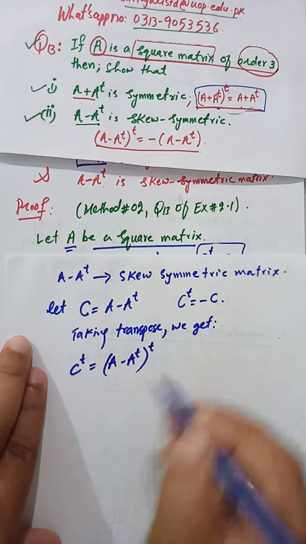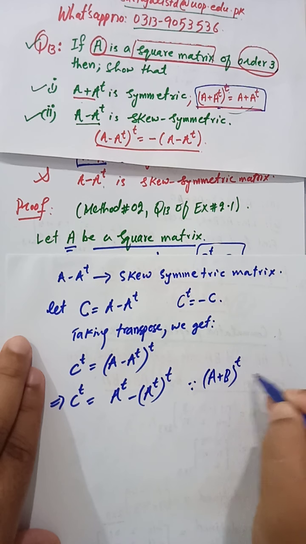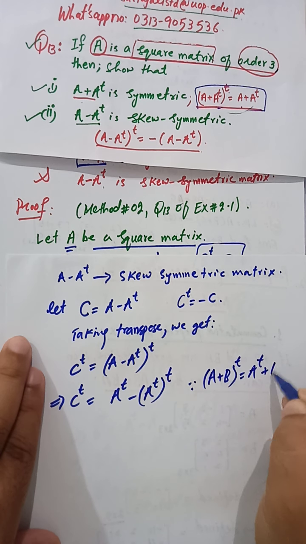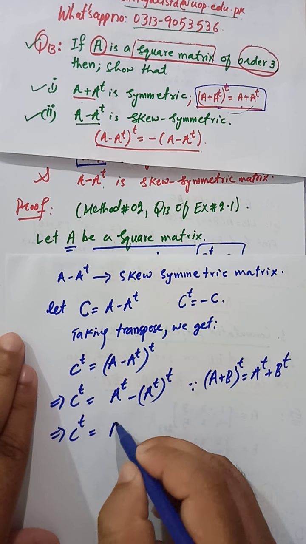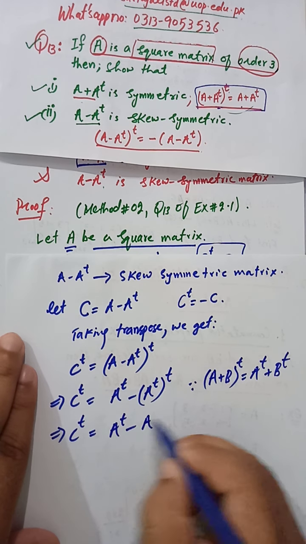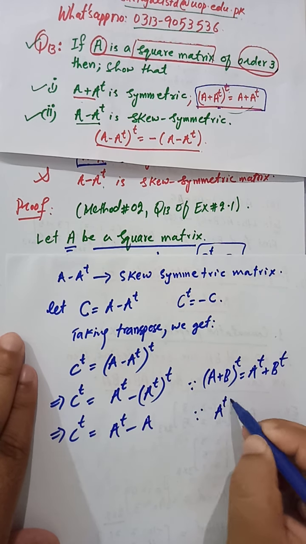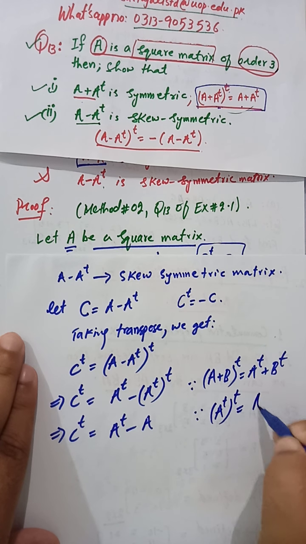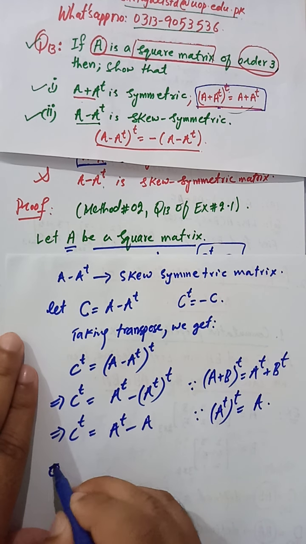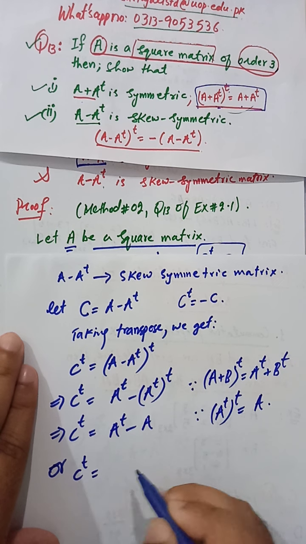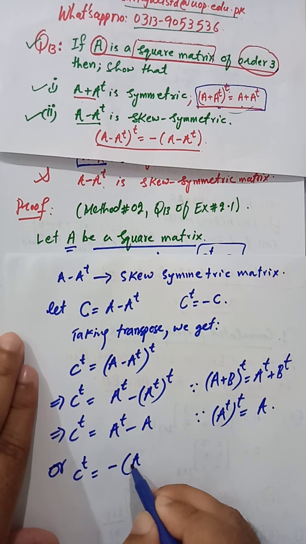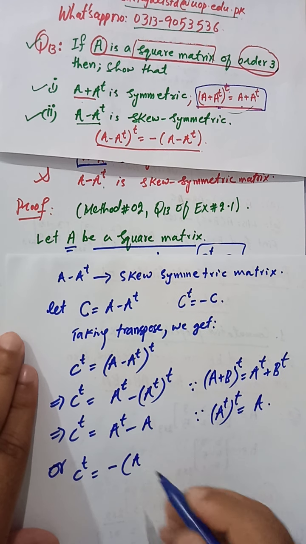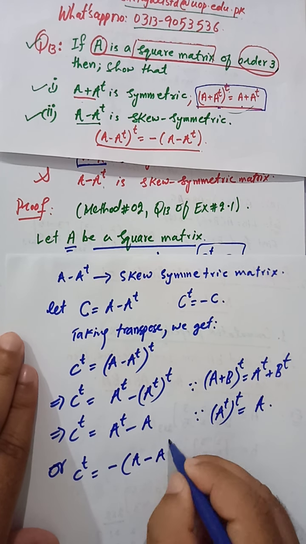You know that A plus B whole transpose is equal to A transpose plus B transpose. So C transpose is equal to A transpose minus A, because you know that A transpose whole transpose is equal to A. So this can be written as C transpose, I am taking minus common. So this minus A will become plus A, and this plus A transpose will become minus A transpose.